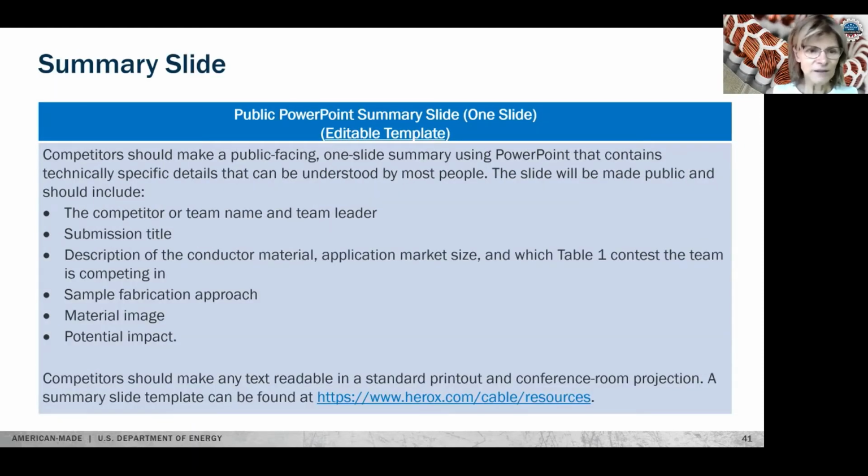Okay, the summary slide. One thing that I've noticed is that people feel that when they write their summary, it has to have different words than their slogan or acronym or abstract. And actually, it's really good to repeat because we're really busy people and we're looking at lots and lots of different entries, and repetition is very important for us to remember.